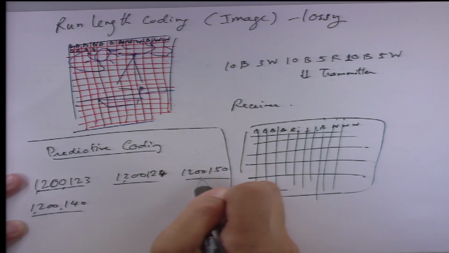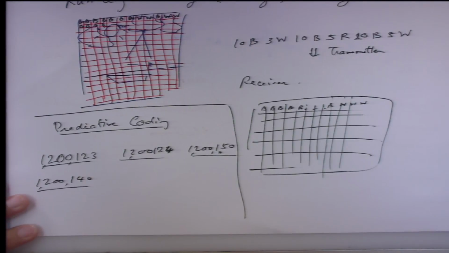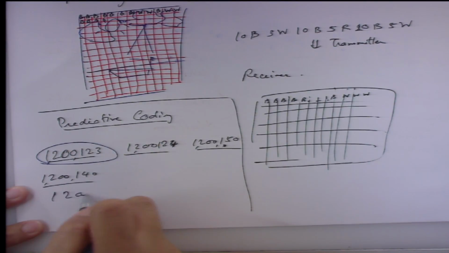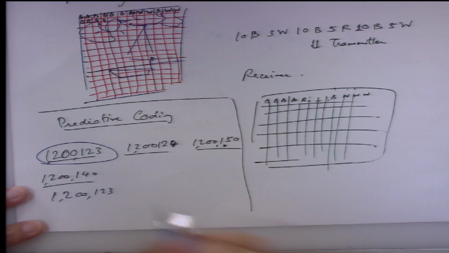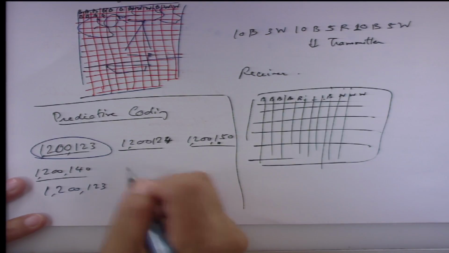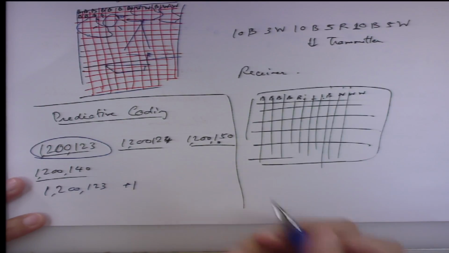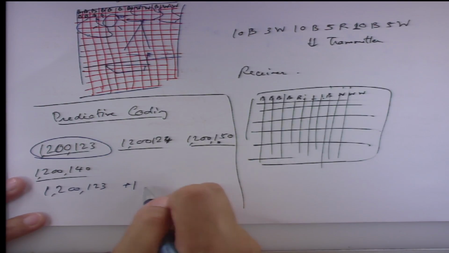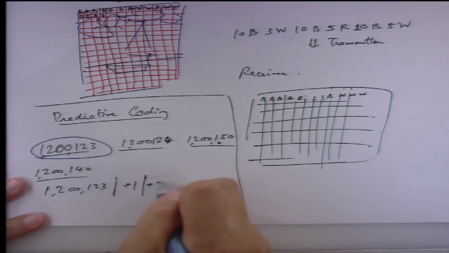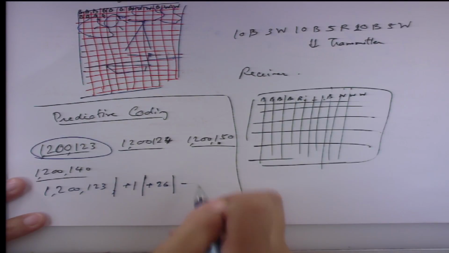Since the numbers are very large, what is better is that you send the first one, 1,200,123, and then for the next one you send plus 1, then plus 26, and then minus 10.